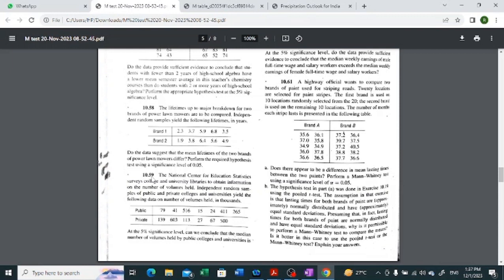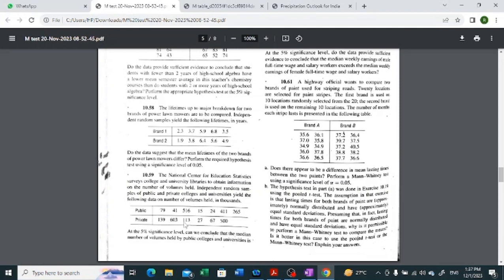If we look at the data, the number of observations in the first data set exceeds the number of observations in the second data set. So n1 is clearly greater than n2.